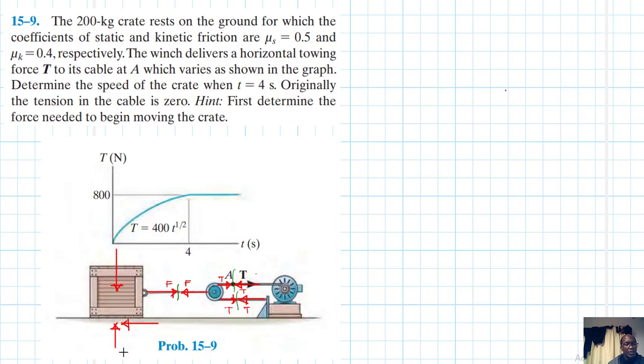So this one is the normal force, this is friction, this is W. Initially this box is static, it's just stationary, so we need to overcome this static frictional force before we move on to the kinetic friction force. So we need to calculate the time at which this particular box will begin to move.